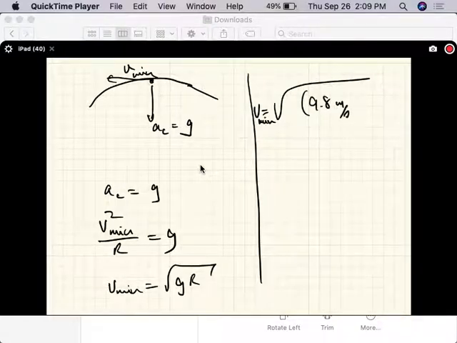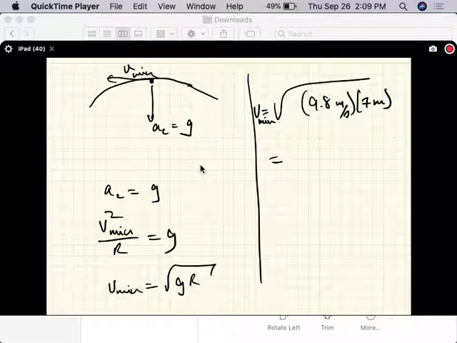For this track, whose radius is 7 meters, the minimum speed is 8.3 meters per second.